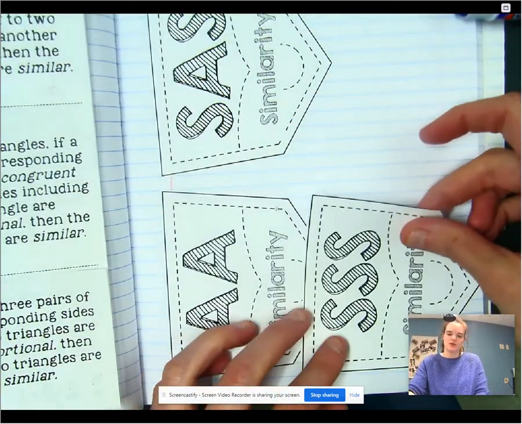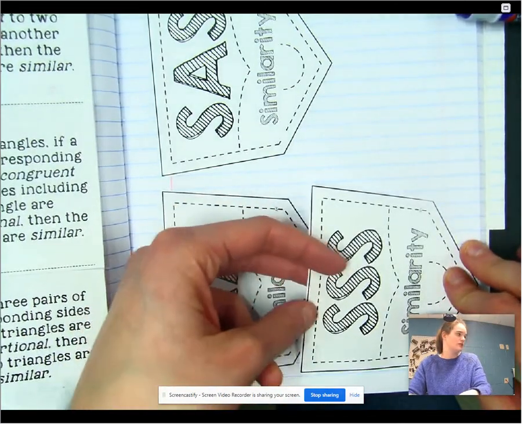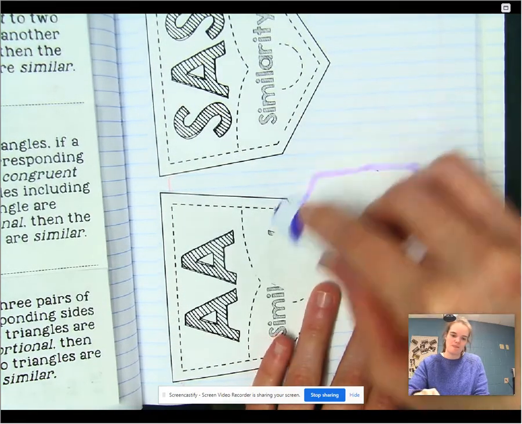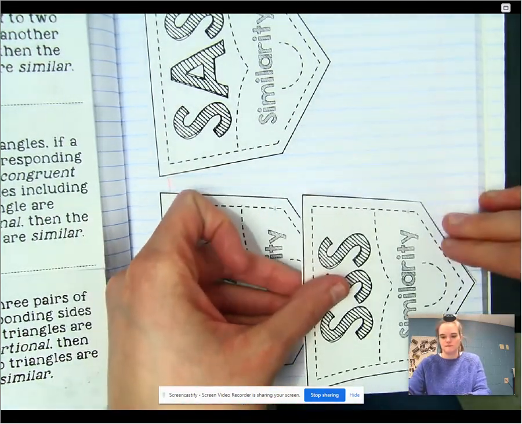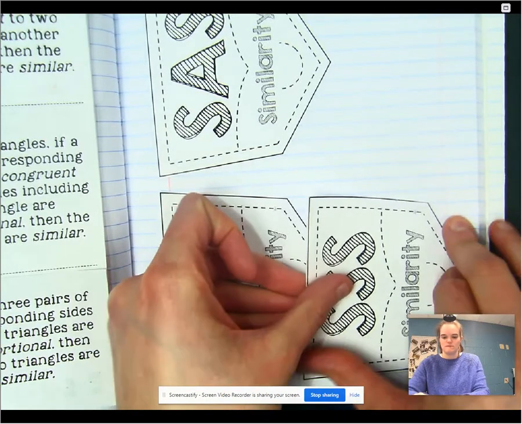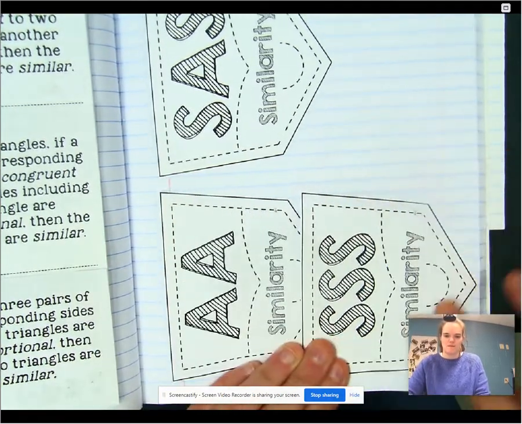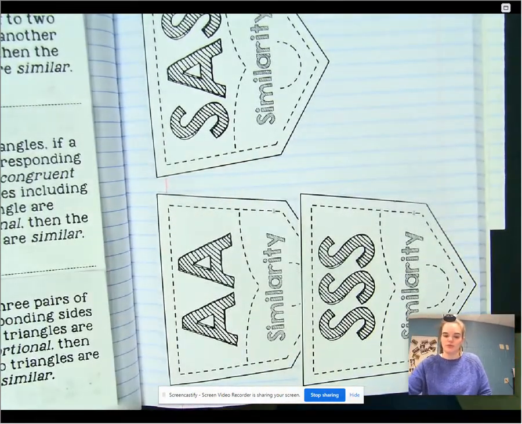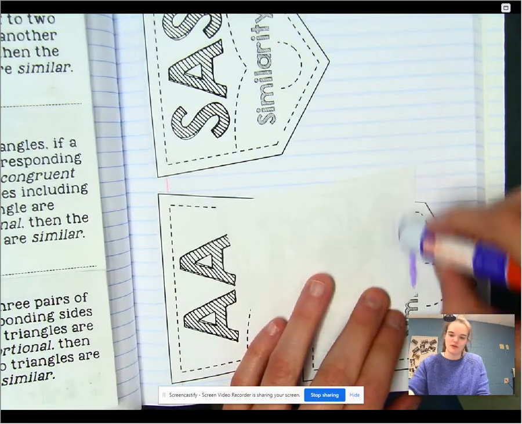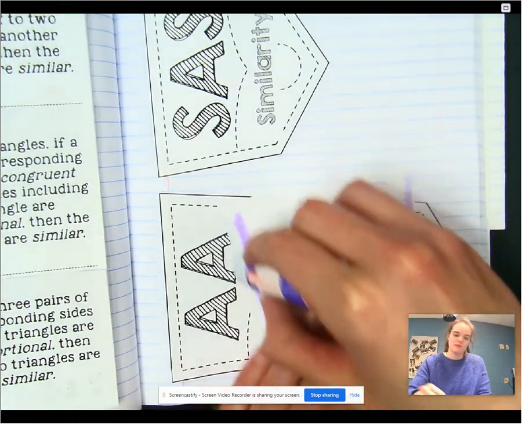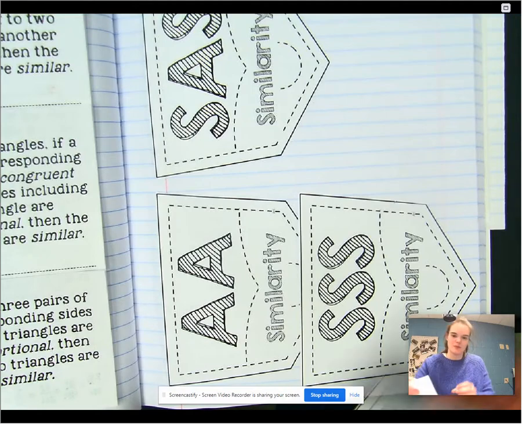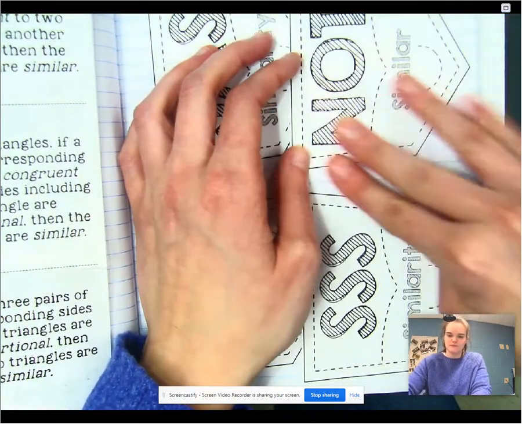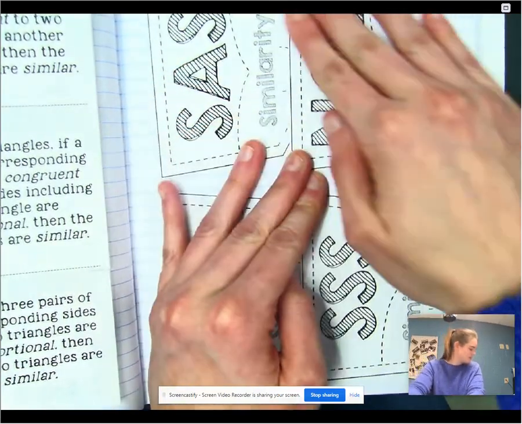And yes, you will have a little overlap. That's okay because this is still a pocket, we can still stick stuff in here. You might have to glue them a couple times. You might even have to tape them. I'm probably going to have to tape mine just a little bit. My pockets last year were slightly smaller, which means I must have made the copies just a little bit smaller so that they would actually fit, but here we are.